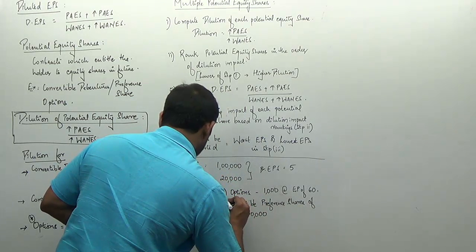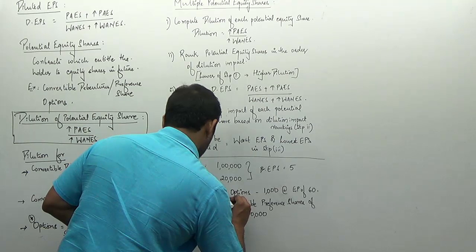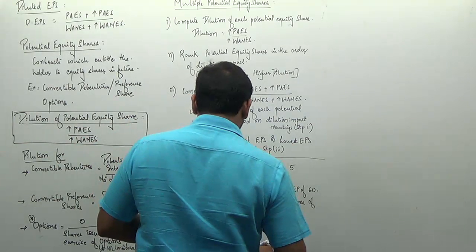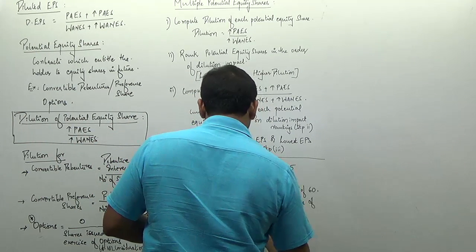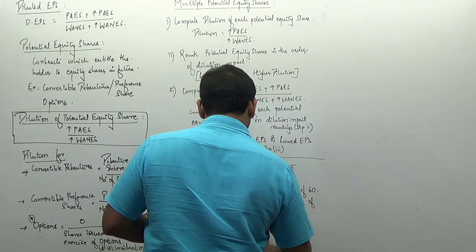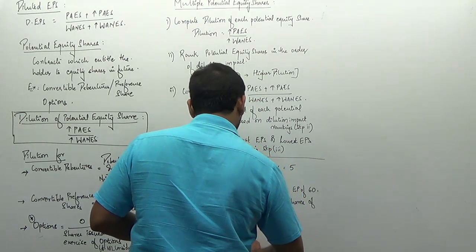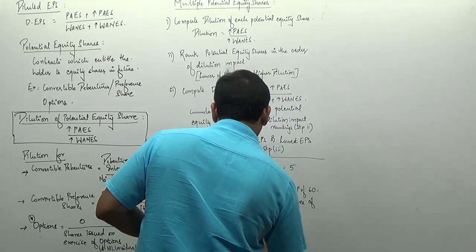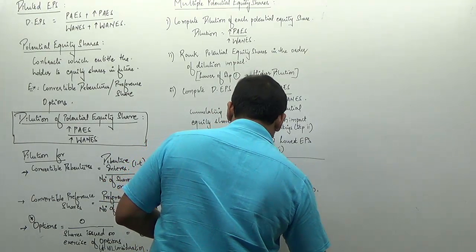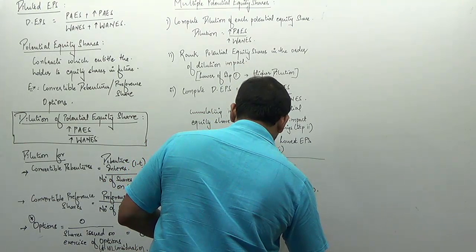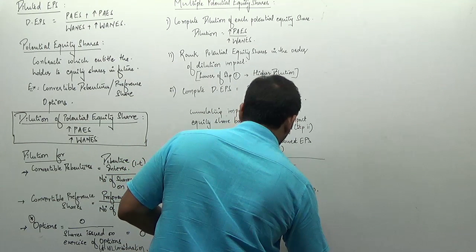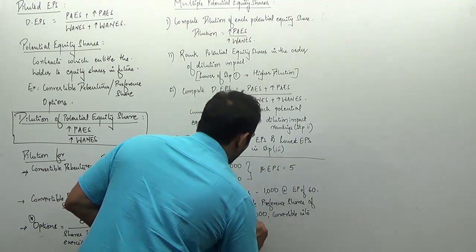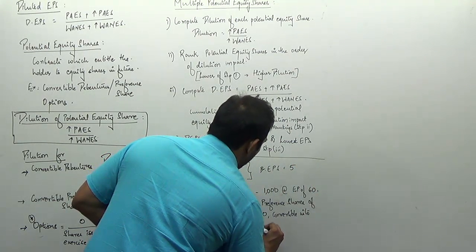Let's say these are 10% convertible preference shares of 8 lakhs. Let's say it is only 8,000 of 8,000, convertible into 2 shares per preference share.